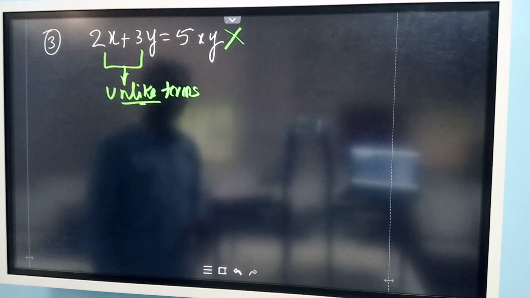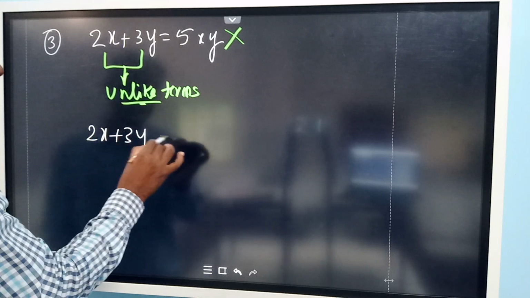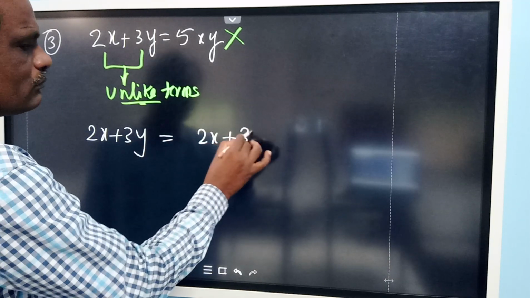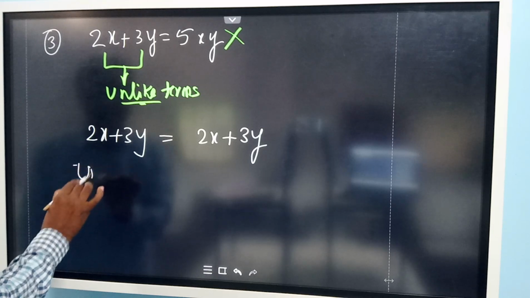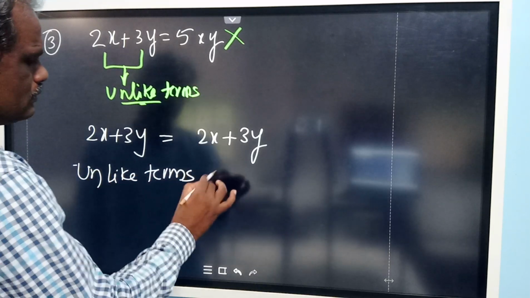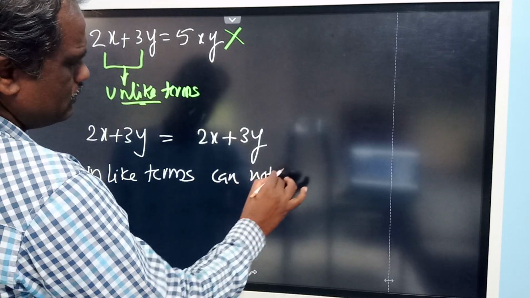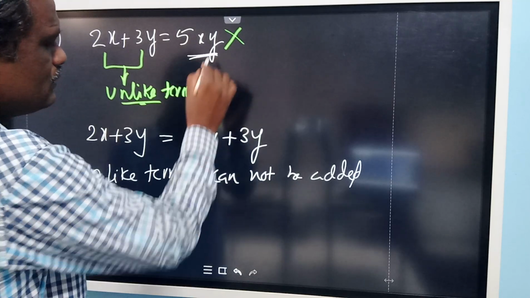Unlike terms cannot be added here. So 2x plus 3y is only 2x plus 3y. They are unlike terms. Unlike terms cannot be added.